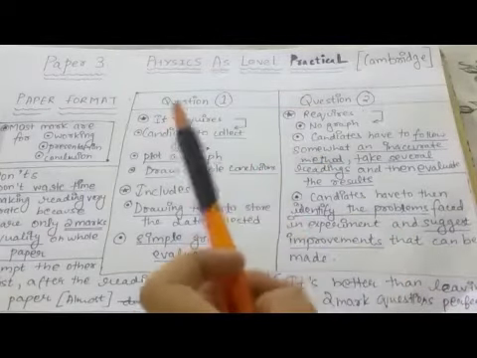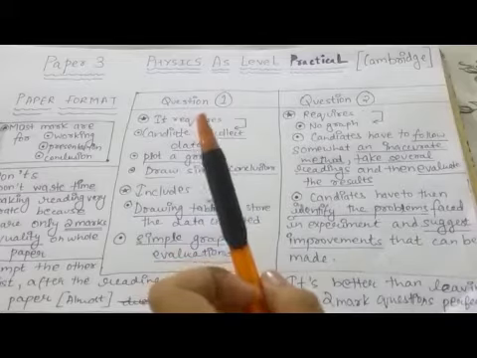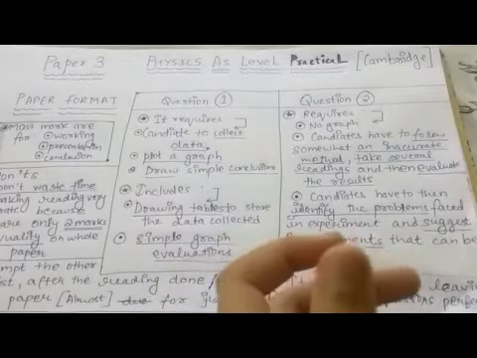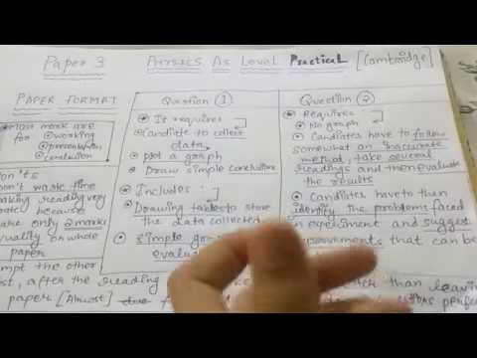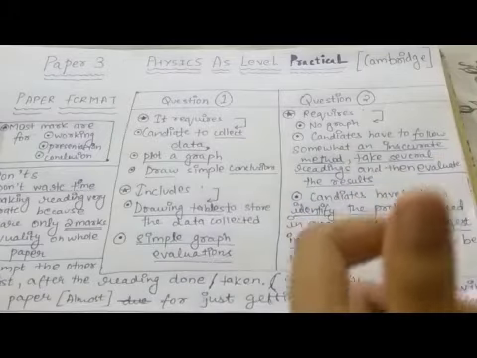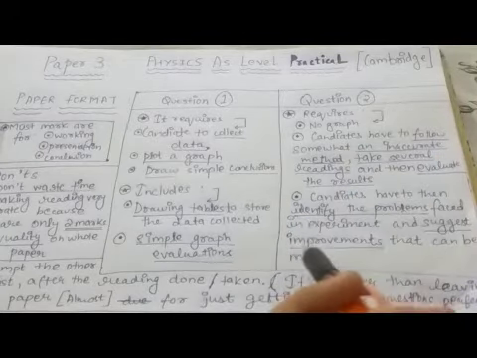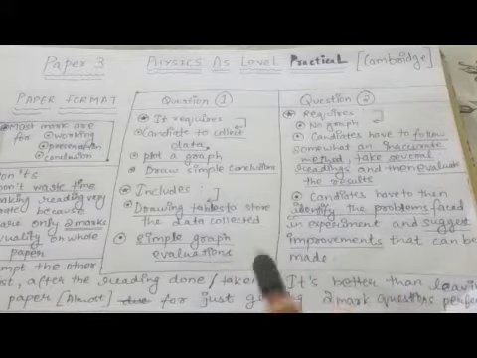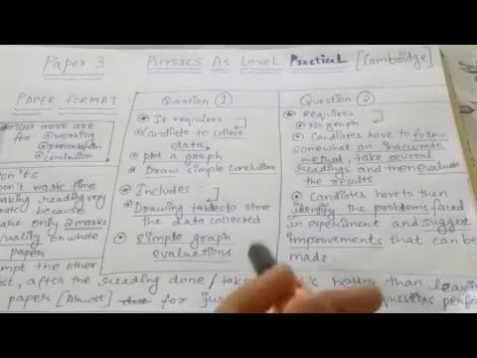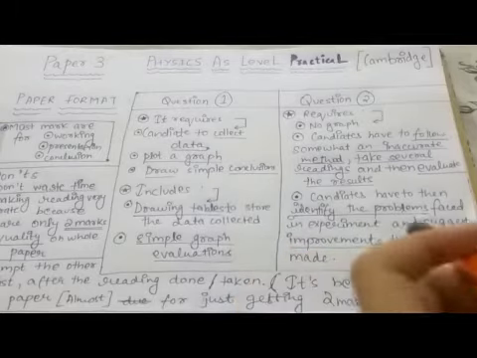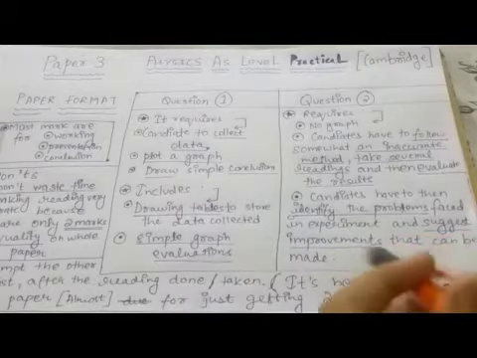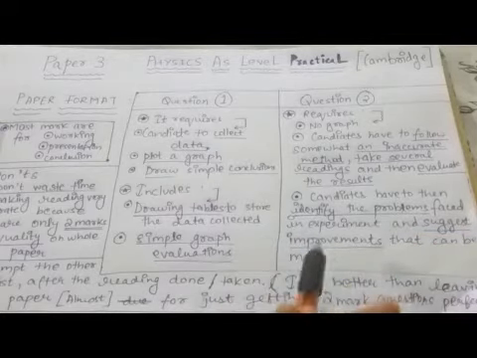On the y-axis you put your dependent variable, and on the x-axis you put your independent variable. I'll talk about that more in my next video, which will be specifically focused on question number 1, and there'll be another video for question number 2, because there's quite a lot of content in both of them.